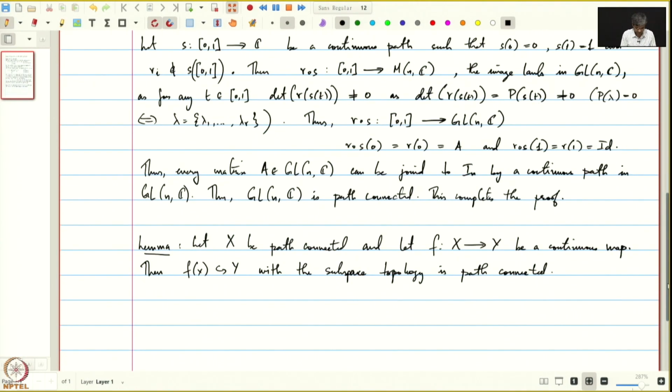So let's see this. This is easy to prove. So recall that we had seen, and we have used it many times now, if we view f as a map from X to f(X), where f(X) has the subspace topology from Y, then f is continuous.